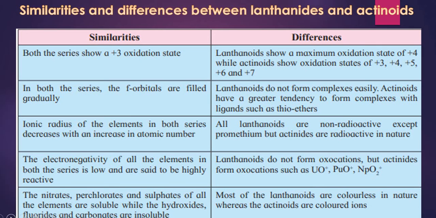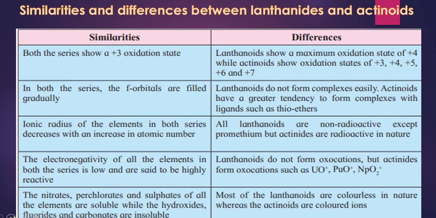The difference between the two is that lanthanoids show a maximum oxidation state of +4, whereas actinoids show +3, +4, +5, +6, +7 oxidation states. Lanthanoids do not form complexes easily. Actinoids have a great tendency to form complexes with ligands such as thioethers.